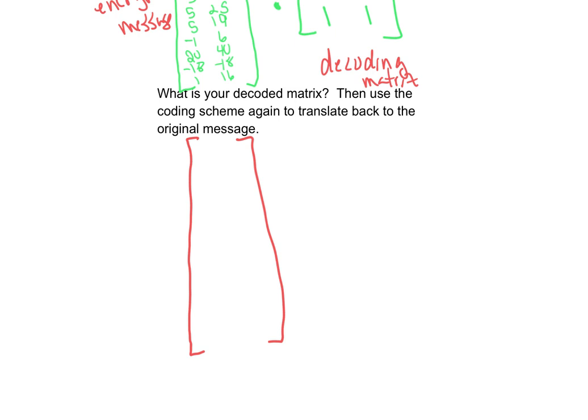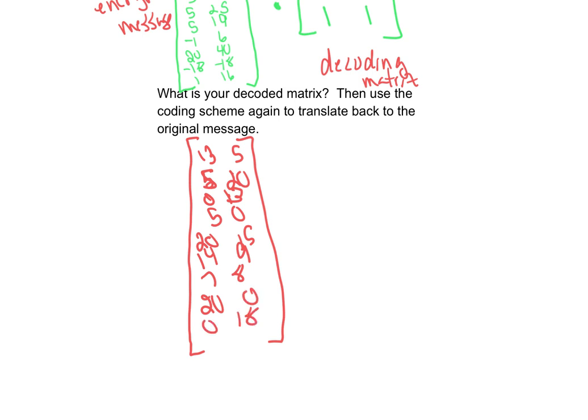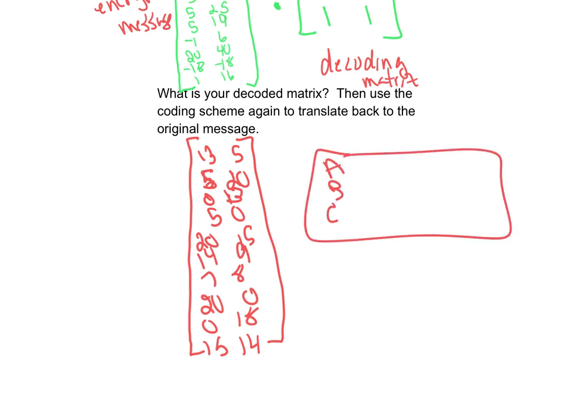So when you multiply them, you should get 13, 5, 5, 20, 0, 13, 5, 0, 20, 15, 14, 9, 7, 8, 20, 0, 0, 18, 15, 14. Then you're going to go back to that box where it had all the letters, A, B, C, D, and decode with that.